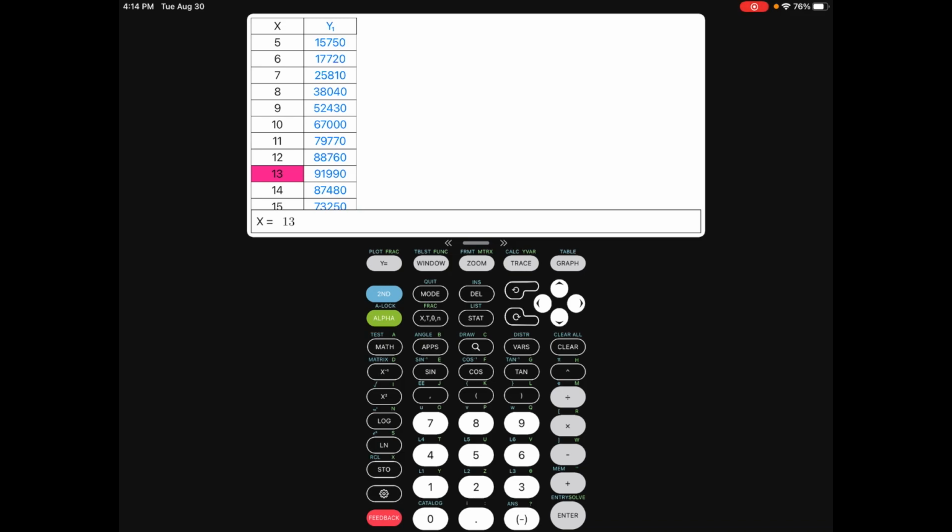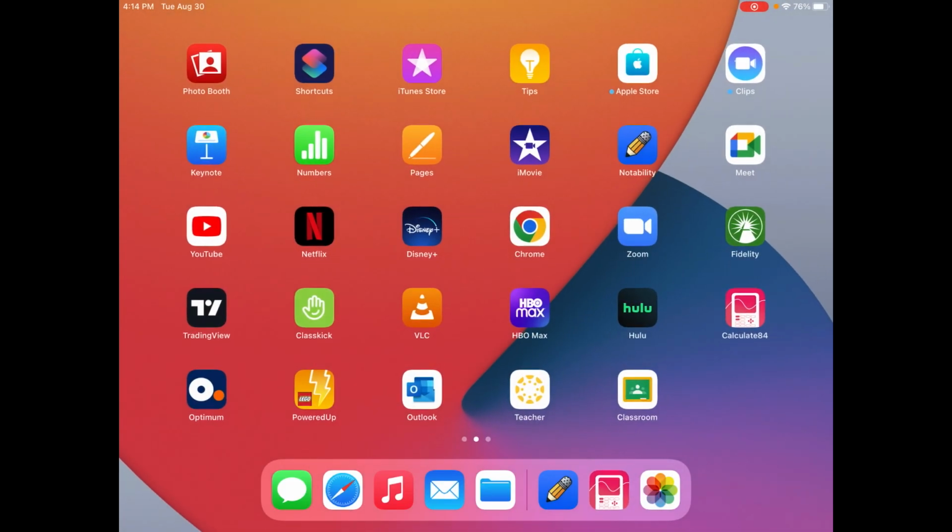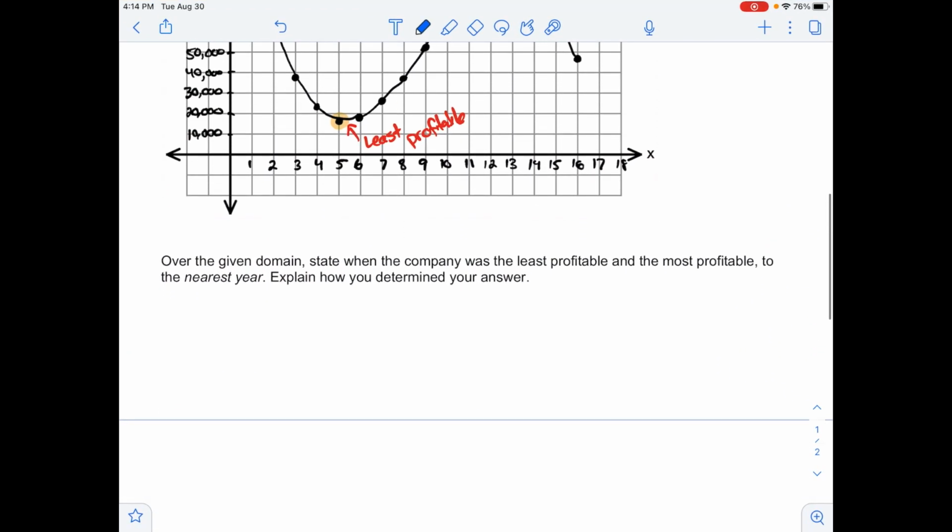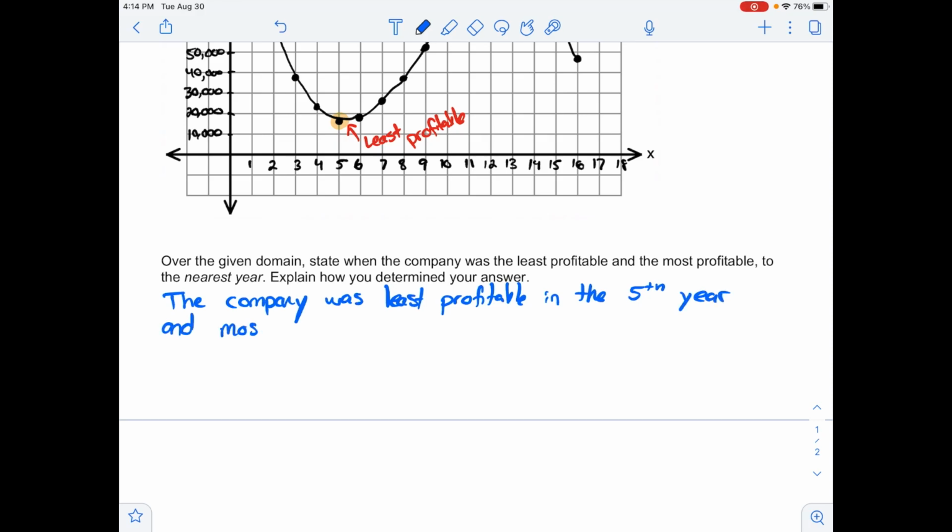So we'll go ahead and just explain our answer. I'm going to say something along the lines of: the company was least profitable in the 5th year and most profitable in the 13th year.